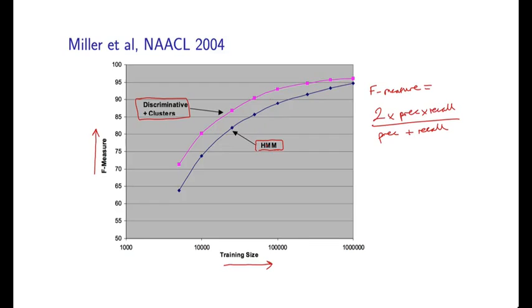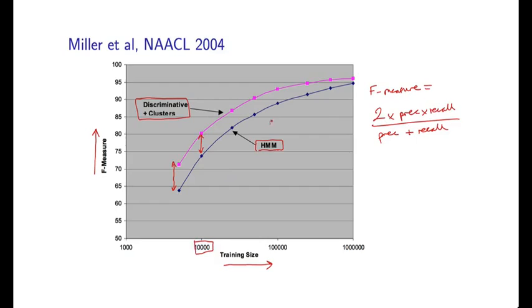So what you'll see here is there's a pretty substantial difference between these two curves. The cluster information really adds quite a bit in terms of accuracy. Over 5% here, over 5% here, that's at 10,000 words of training, I think, and so on and so on.